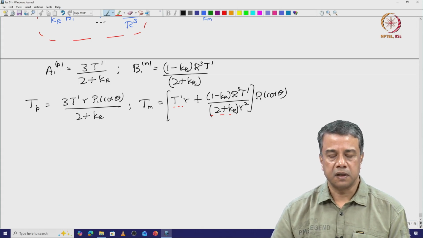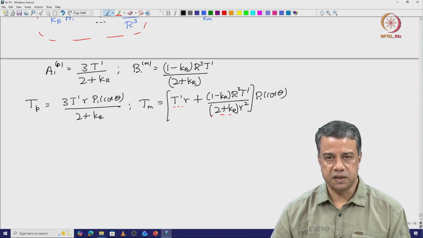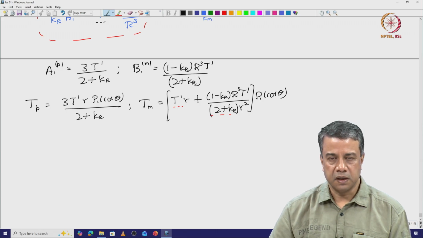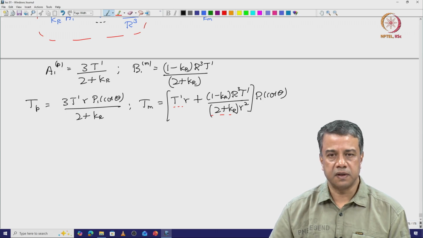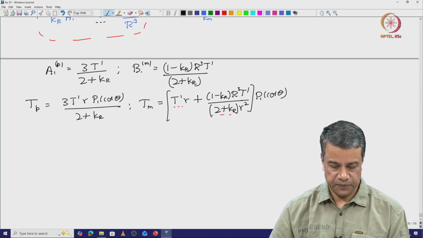If the relative conductivity K r is equal to 1, it is equivalent to having a uniform system. There should be no temperature disturbance.